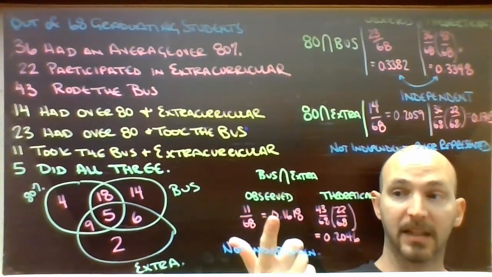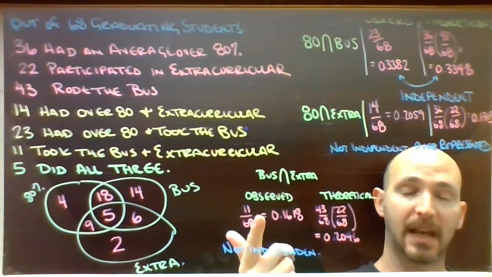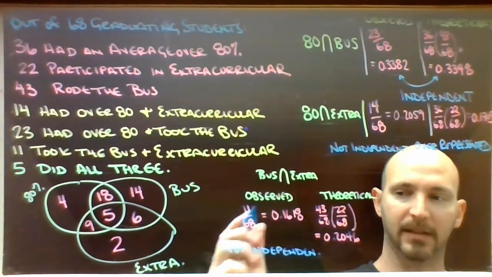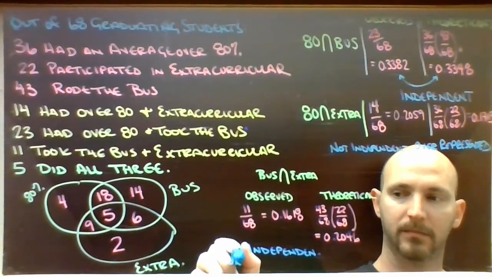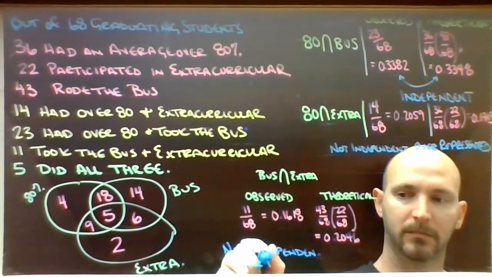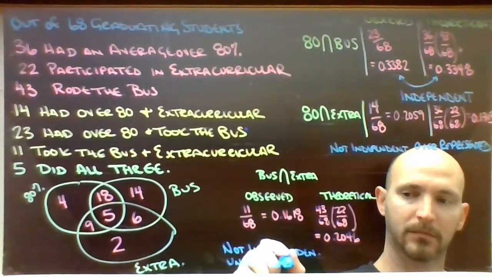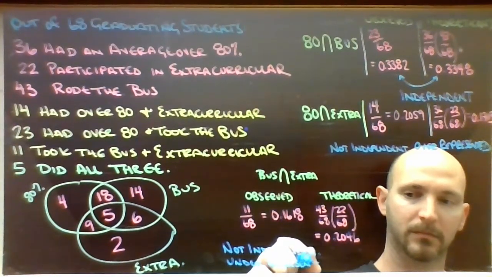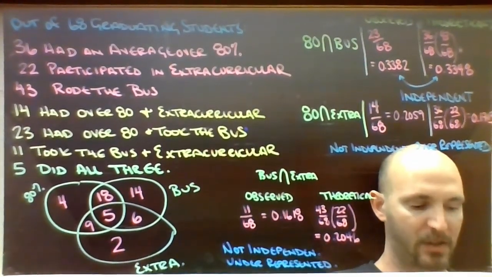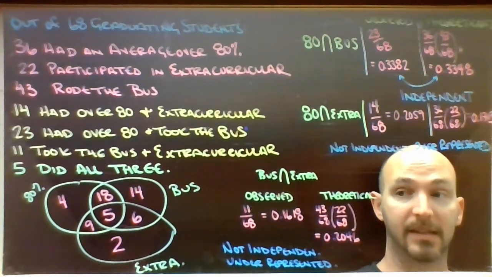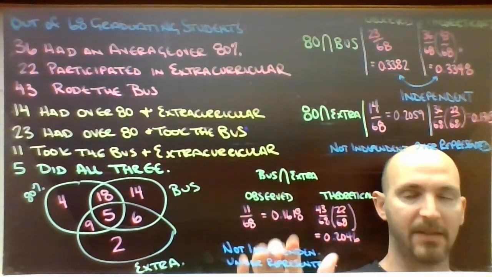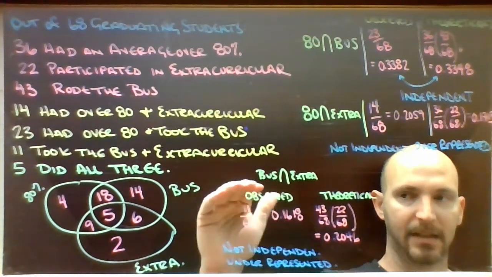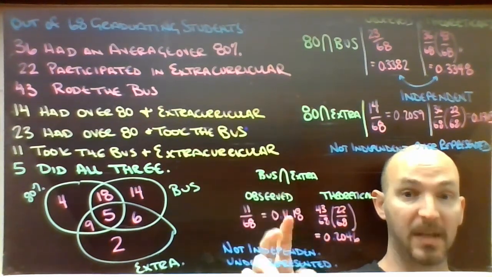In fact, the observed is underrepresented compared to what should be there theoretically. So again, I don't have any evidence that says why. I only have evidence that says that these two things are mismatched.